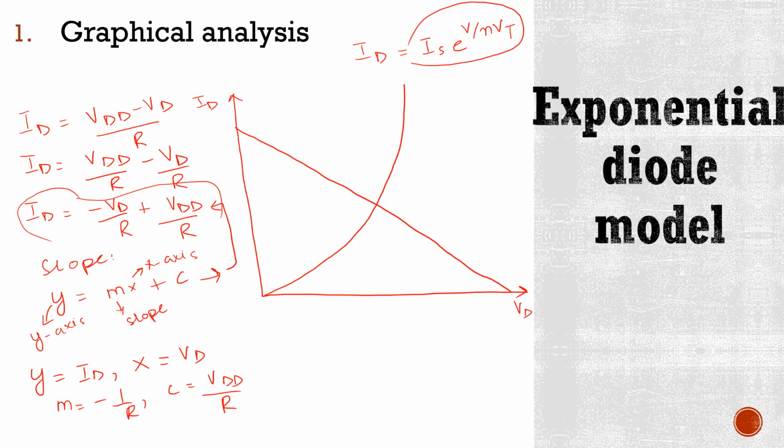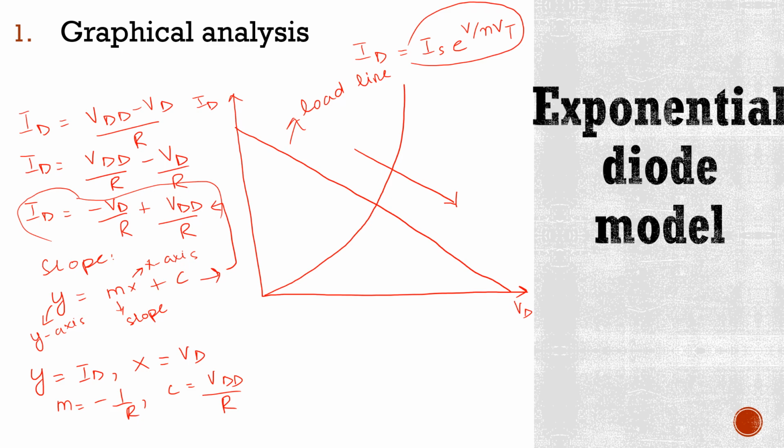This straight line is known as the load line. It has a slope, and the direction of this slope is downward from left to right. It means when voltage increases, current decreases.